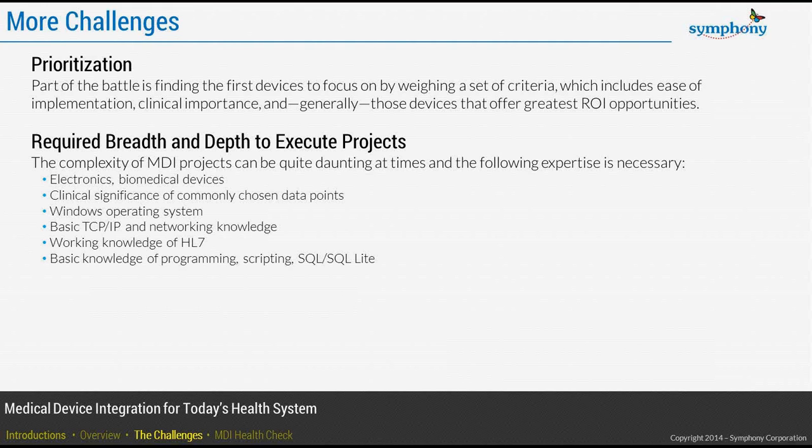Next, you have the Windows operating system. It's ubiquitous. It's where all your servers live. Knowing Windows is going to help you in a number of ways, not the least of which is diagnosing error logs when you start having problems with communications. Moving right along, basic TCP/IP and networking knowledge is extraordinarily helpful.